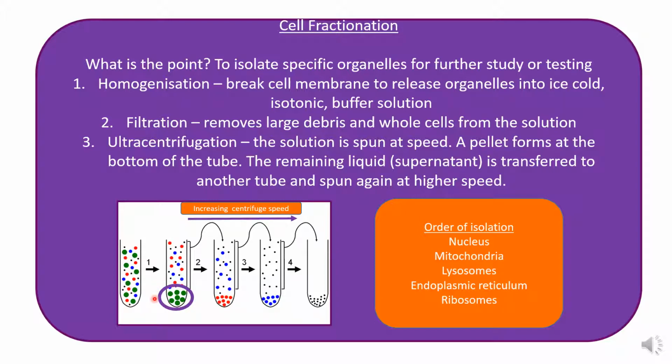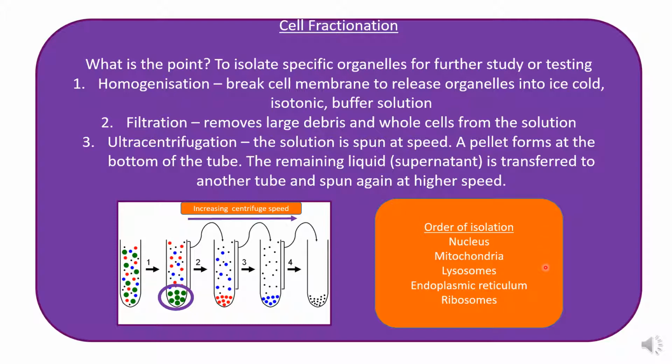Once we've isolated the nuclei, the next one will isolate the mitochondria, and then the next most dense is the lysosomes, the next most dense would be the endoplasmic reticulum, and then finally this would happen again in order to isolate the ribosomes. If you are using cell fractionation with plant cells, the chloroplasts would be slightly more dense than the mitochondria, so they would come out second.